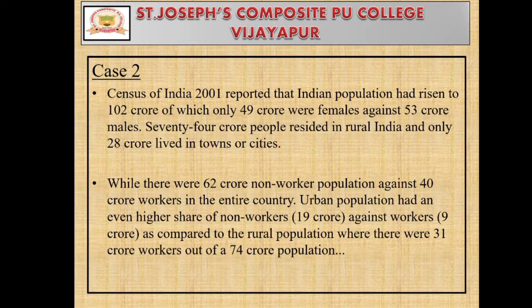So according to the census of 2001, the population rate, the male and female population rates, the rural and urban population, and also the ratio of workers to non-workers are all separated according to the Census of India.